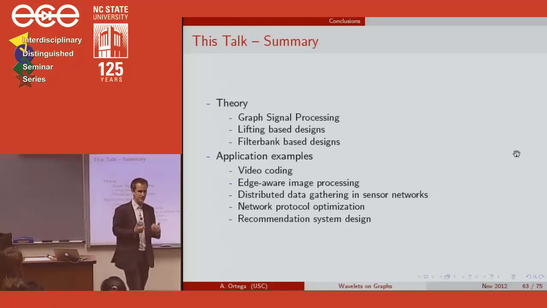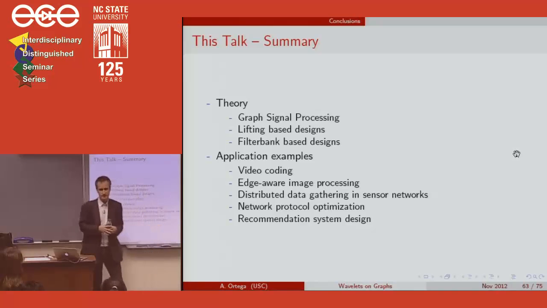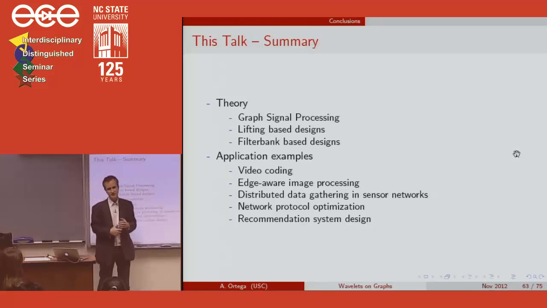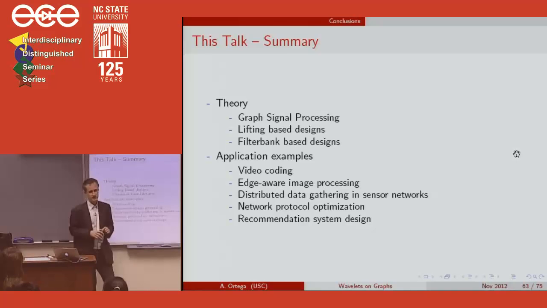Locality is easy in the case of lifting because the design itself is in the vertex domain, so you decide how many hops away you want to be. But those filters don't have a very good interpretation spectrally. So I think we want to have both things.